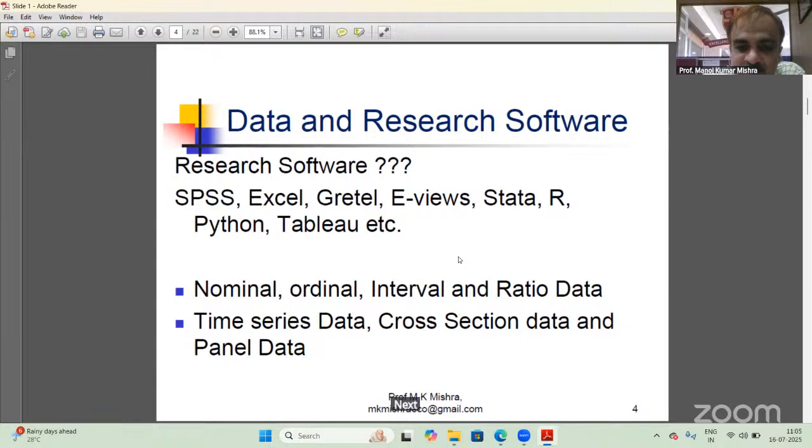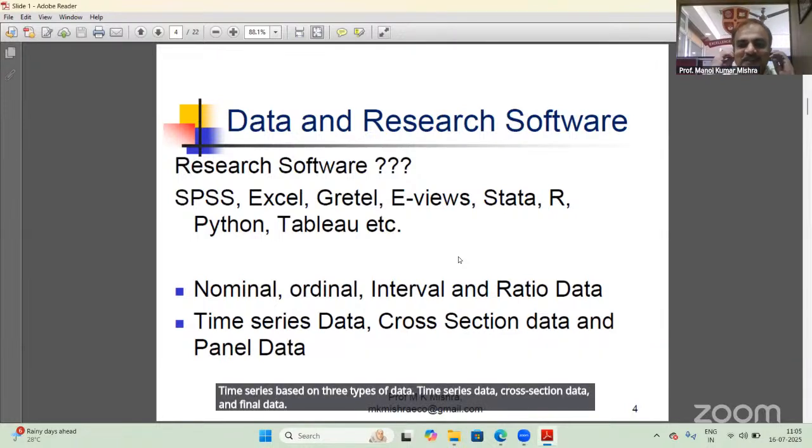Next one is the situation when we do statistical modeling. It is also three types, based on three types of data: time series data, cross-section data, and panel data.